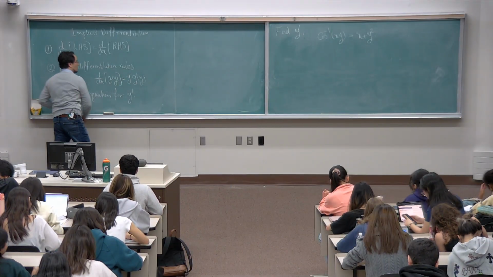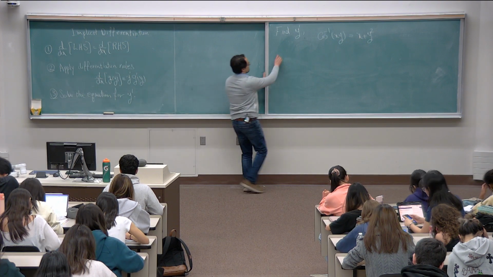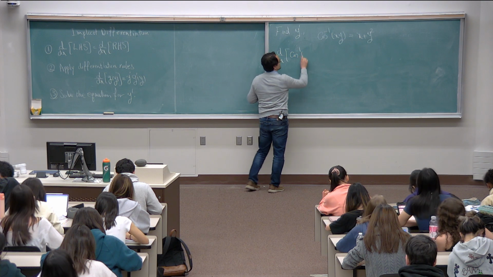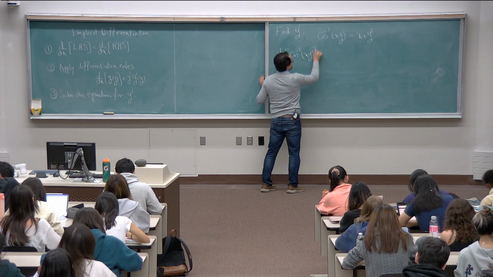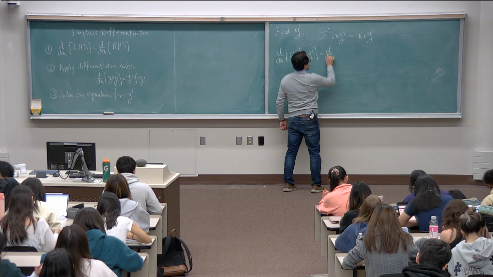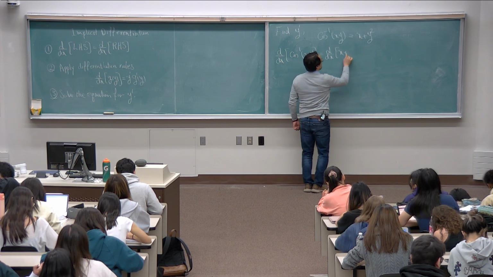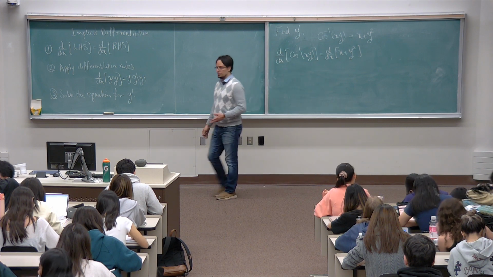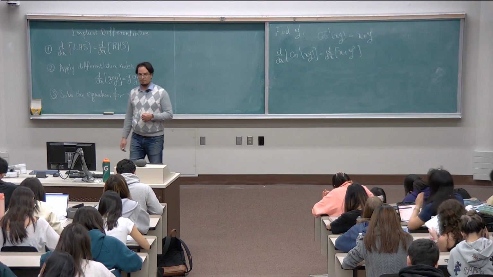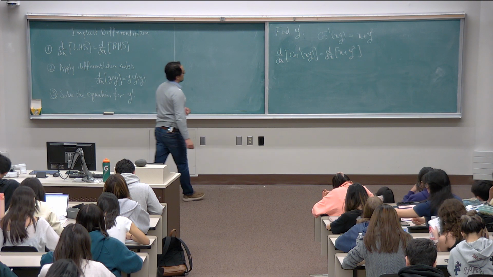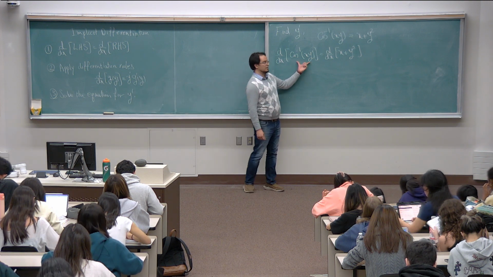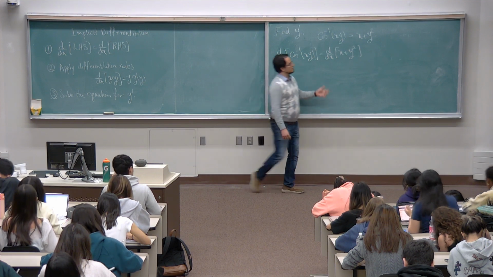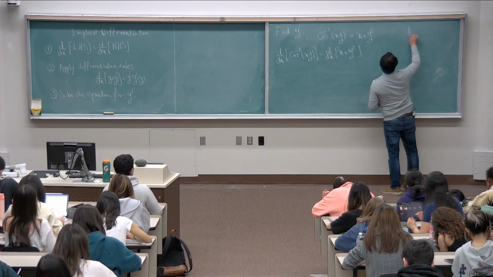Differentiation starts always by this step. You're not doing anything mathematically, but saying that the derivative of two equal expressions must be the same thing. And now I'm trying to find the derivative of cosine inverse of something. Remember the rules of differentiation.